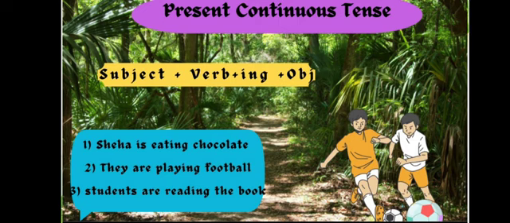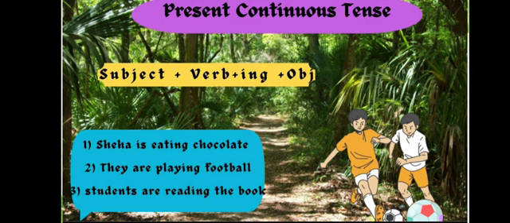Here we have present continuous tense. What is present continuous tense? Present continuous tense refers to those actions that are happening at the present moment. I am saying that the action has just started and isn't finished yet. It is continuously happening at the present moment. That is to say, here we have the examples.